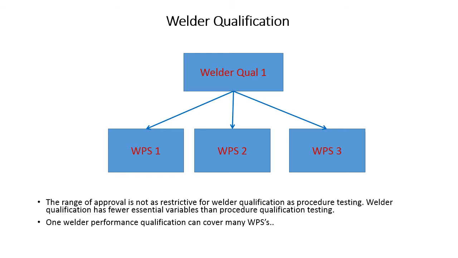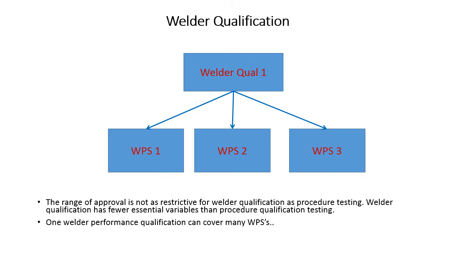So you can have multiple WPSs that a welder can use, and he doesn't have to requalify for every WPS out there. He just needs to requalify for the ones where he doesn't have all the essential variables covered.